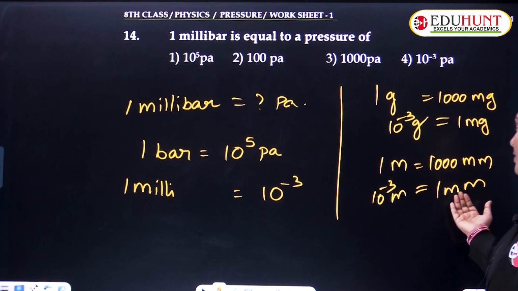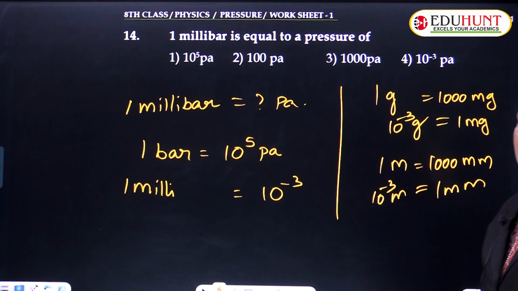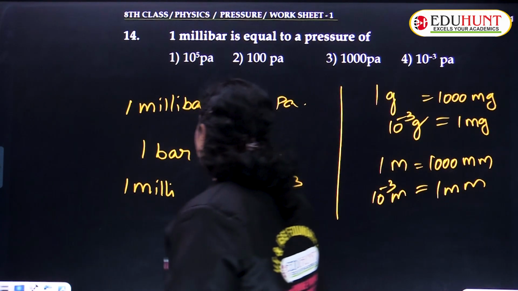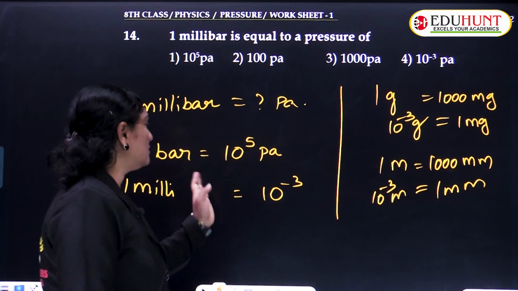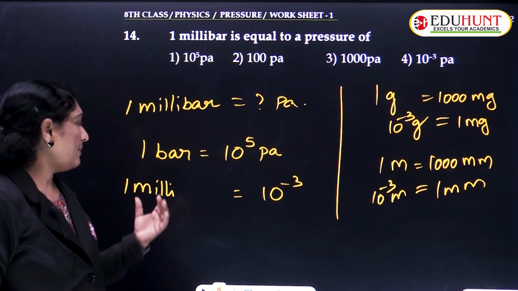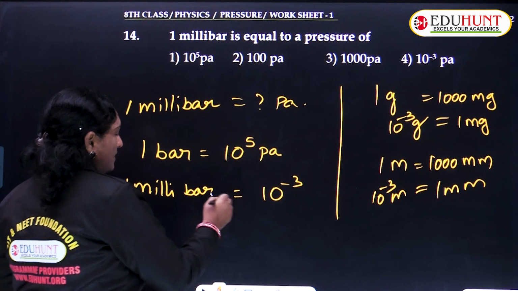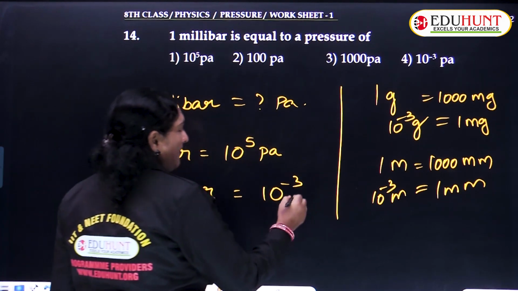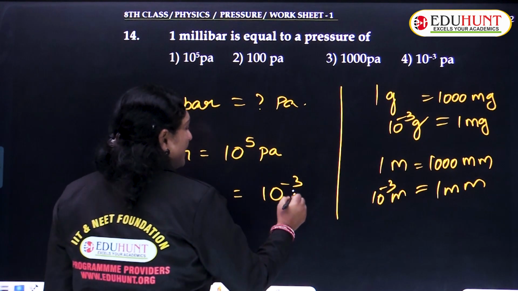Similarly, whenever you want to convert millimeters into meters, you multiply by 10 power minus 3 meter. Similarly, whenever you want to convert millibar into pascals, then it must be equal to 10 power minus 3 bar.